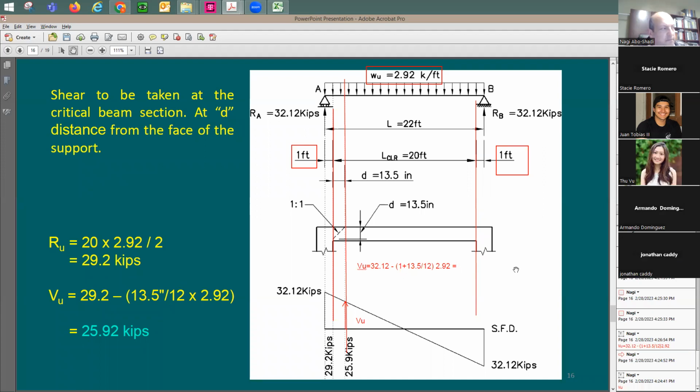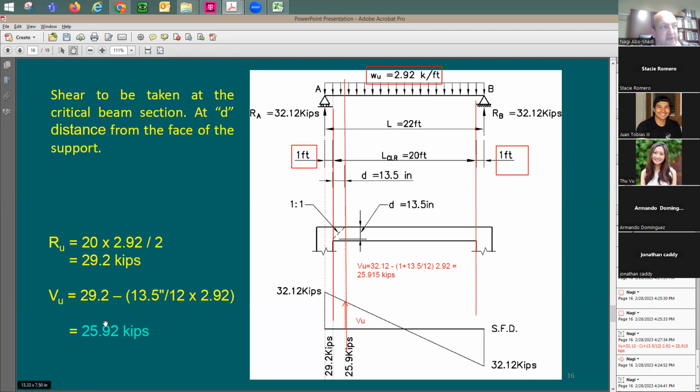I got 25.915. 915. Yes. Right, I guess this is very close to this number, right? Am I correct? Yeah, it is. It's 25.915, right?